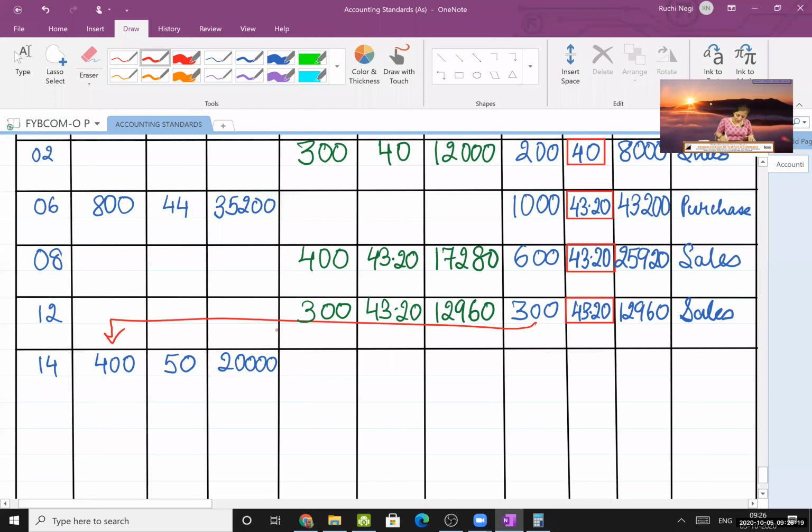Then amount add, 12,960 plus 20,000 is 32,960. So right here, 32,960 and then divide. 32,960 divided by 700.